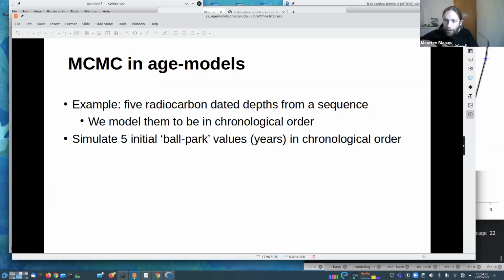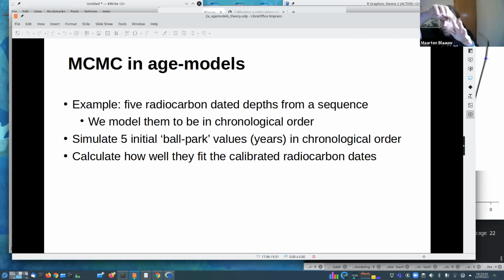So what we do, we sample some initial ballpark values for years for these 5 radiocarbon dates, which is simply anything, but they should be in chronological order. That, of course, is what we want them to be, and if they're not, then that is not accepted. So we've got 5 initial values. First we calculate how well they fit the calibrated radiocarbon dates, and we'll come to how we do that.